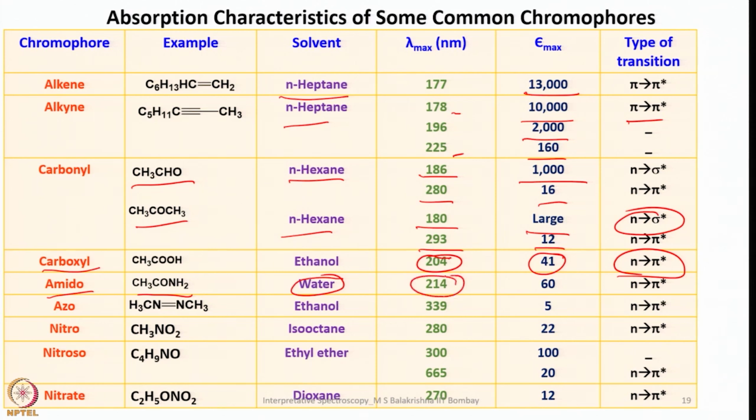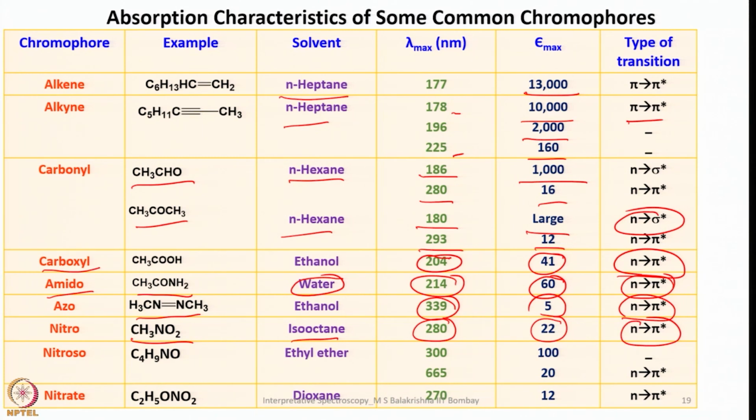This is 214, and then 60, again same thing, it is n to pi star. And then azo compounds, N double bond N in ethanol, 339, and then 5, very low. So again you can conclude that it is n to pi star. In case of nitro, isooctane is the solvent taken and the value is 280, and the epsilon value is again low, 22. So this is also again due to n to pi star transition.